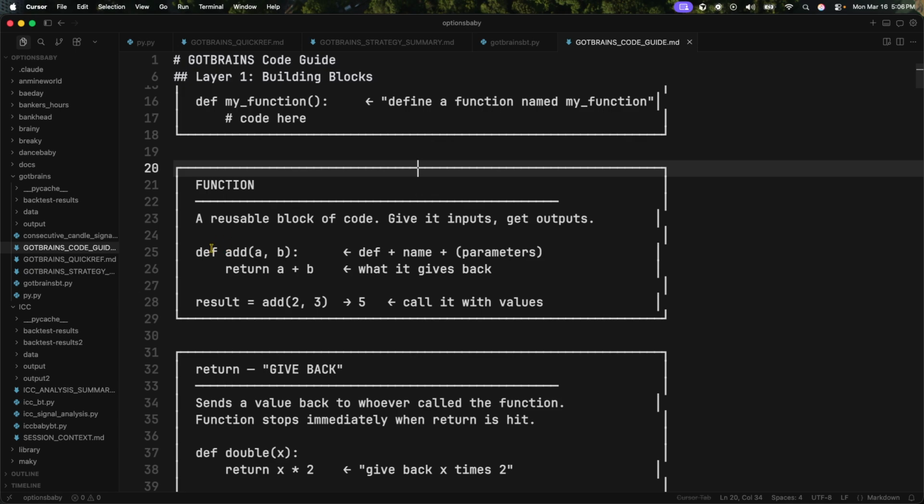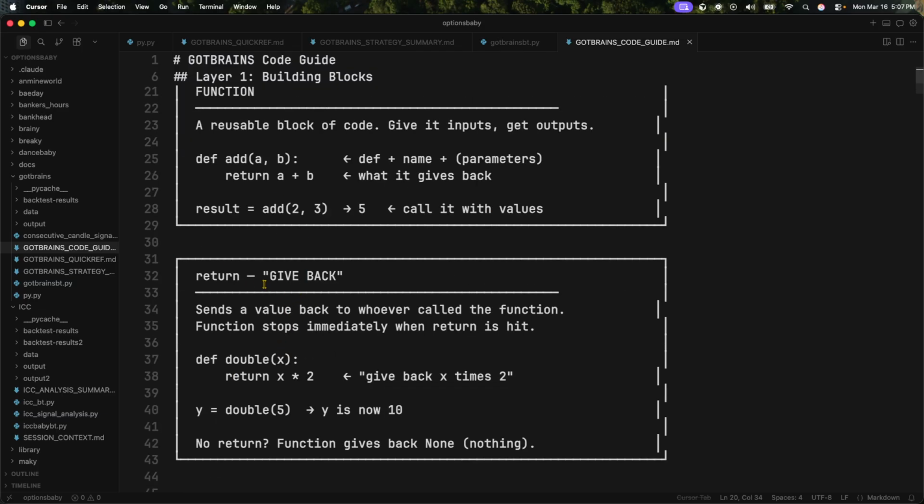So an example would be def, which is going to be define, and the name of the function is going to be add. We're going to add the items that are in A and B. So def, remember define, the name is going to be add, and the parameters are going to be A and B. We're going to return A plus B. Return means, hey, give me this back, homie. I'm not just asking for you to swallow it.